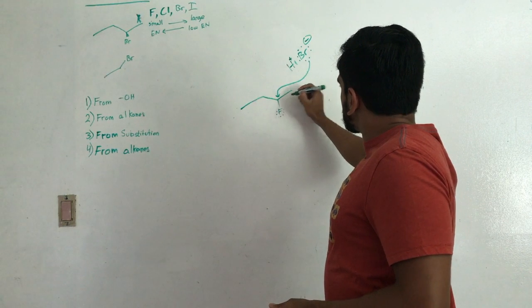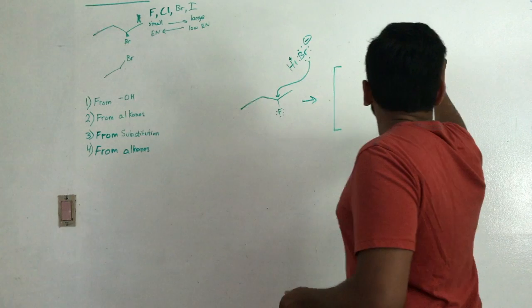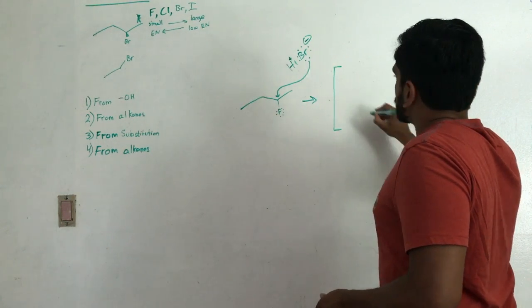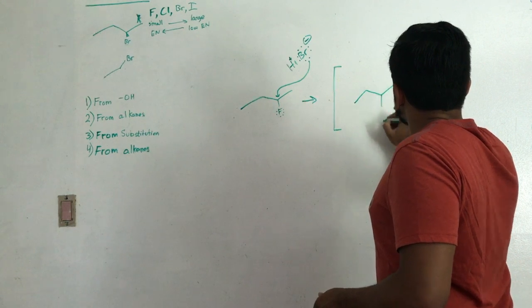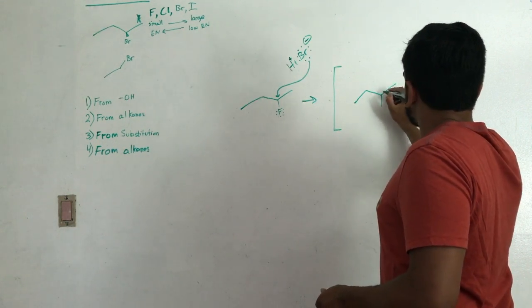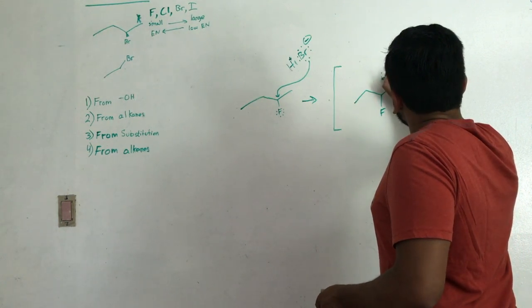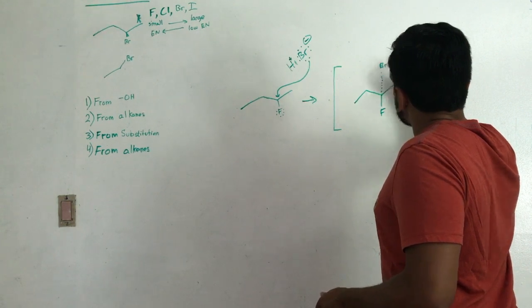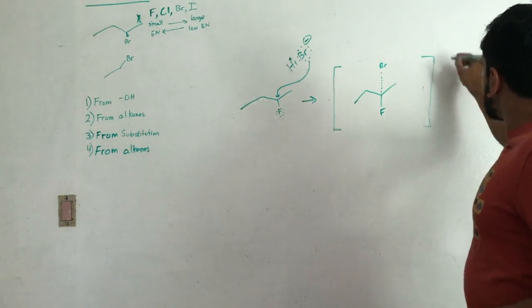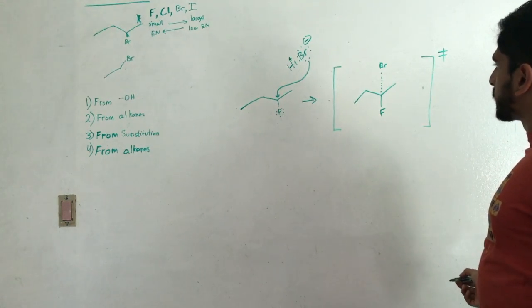This bromine comes in and attacks, and what happens is you form this 5-bonded transition state. So, you already have a hydrogen bound to this carbon. You have the fluorine, but now you have this partial bromine bond here. So it progresses through this transition state.